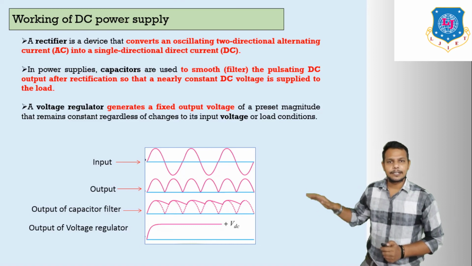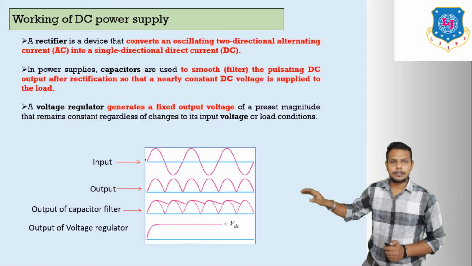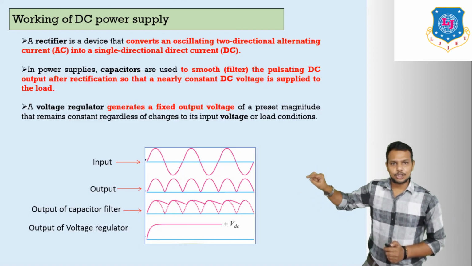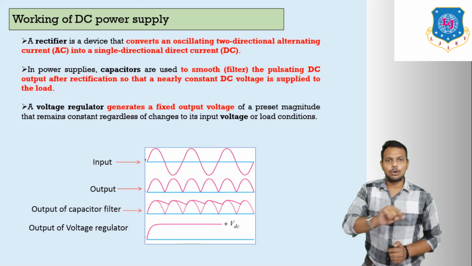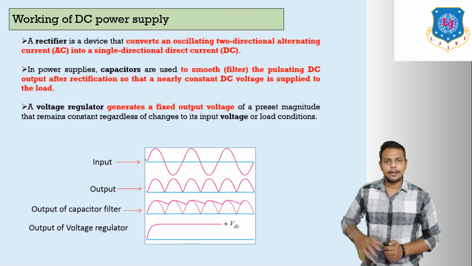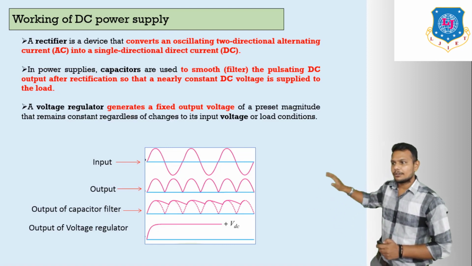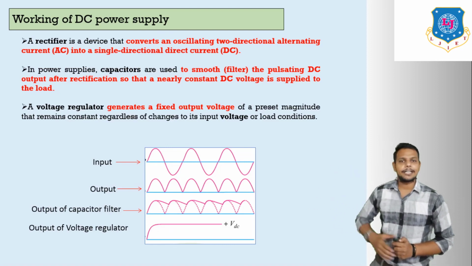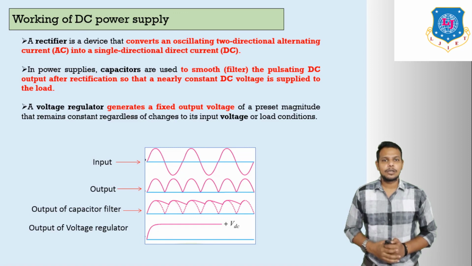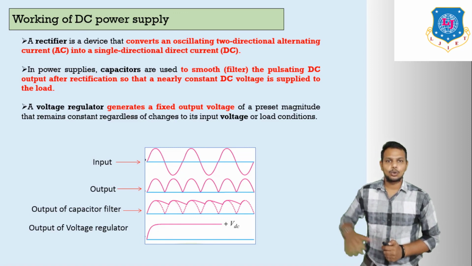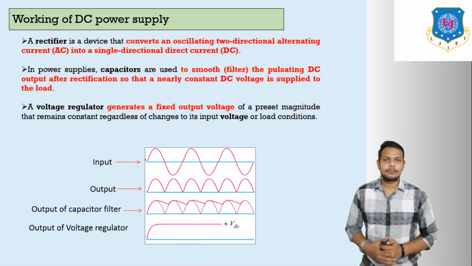Here we can see that due to this capacitor, the value is charging and discharging on this full wave rectifier. And at the last stage, we use a voltage regulator. Due to this voltage regulator, we will get nearly equal to DC supply. So with this process, we can convert AC to DC.